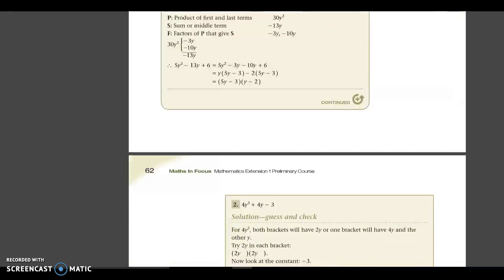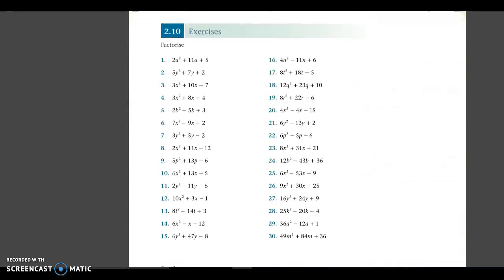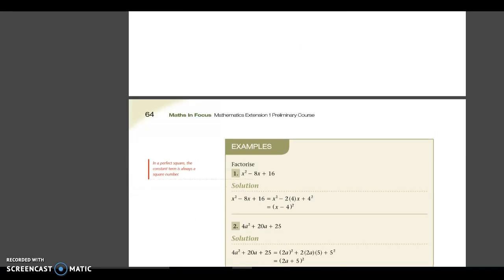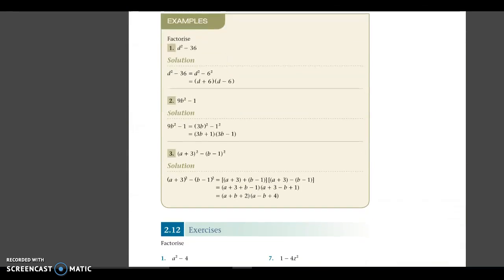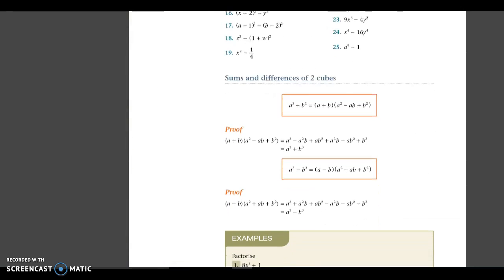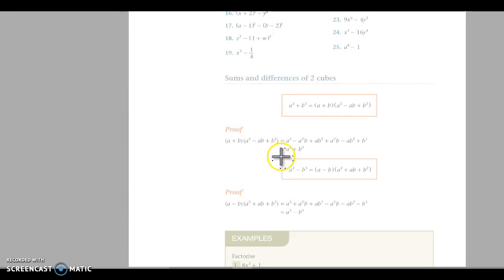That's not it. There's still the difference of squares. There we go. Here's a sum of cubes, and here's a difference of cubes. It's this one right there that we're going to use to help us factorize that bit.